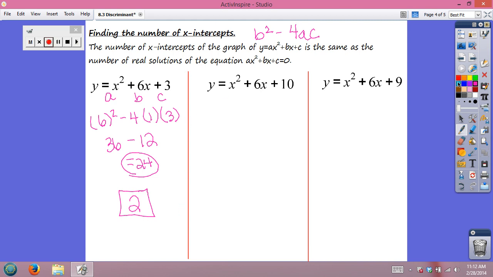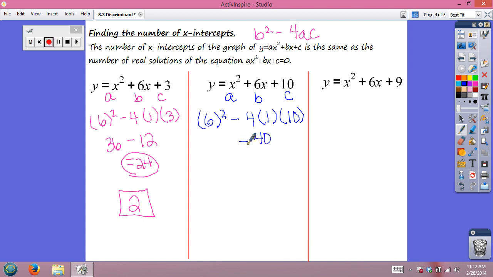Next question, I'm going to switch colors. Label your a, b, and c, please. Plug those into the equation b squared, which again is 6 squared, minus 4 times a, which is 1, times c, which is 10. 4 times 1 is 4. 4 times 10 is 40.